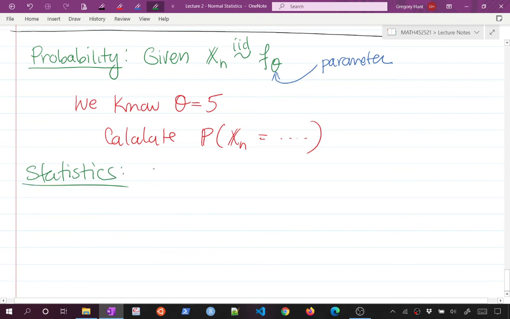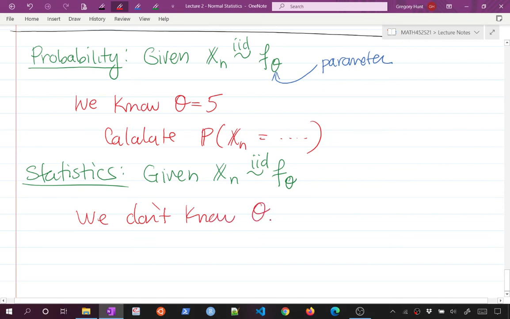Statistics would say, okay, we're going to start off again saying we have a random sample. Maybe it's from some distribution, and that distribution has a parameter theta. We don't know theta. That's the problem with statistics. Maybe we know something about theta. Maybe it's positive. Maybe it has to be between 1 and 10.